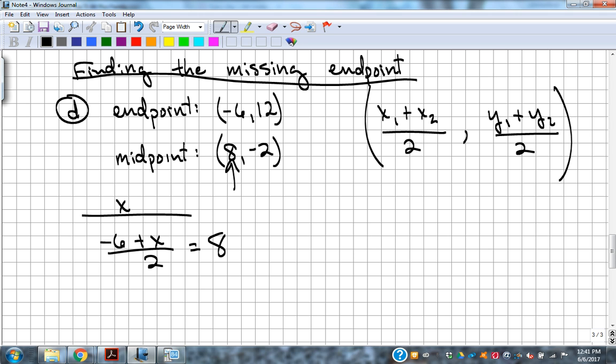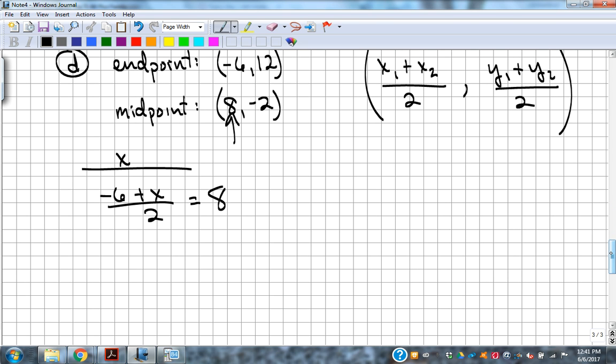And we're going to solve this equation. So this is where we're doing a little bit more mathy stuff. The first thing I would do is get rid of that 2 in the denominator. They're dividing by 2. The opposite of division is to multiply, right? So if I multiply both sides by 2, it'll cancel that out. That turns this into a 16, and then that's negative 6 plus x.